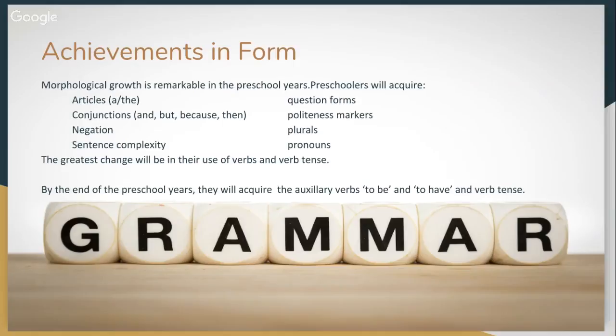They'll even acquire the auxiliary verbs to be and to have. That's the little verbs that happen before the verbs, such as I am walking, he is standing. Is and am are considered auxiliary verbs. They're in addition to the acquired verb tense.